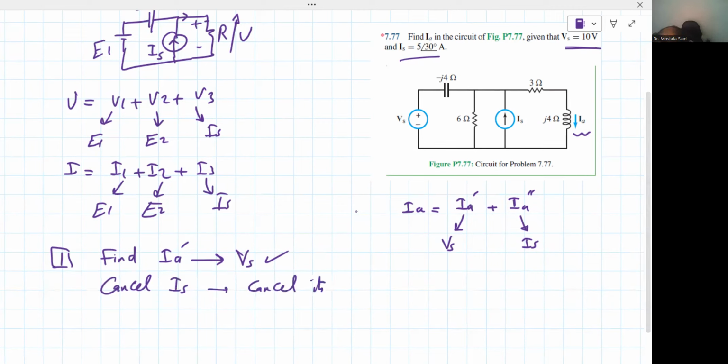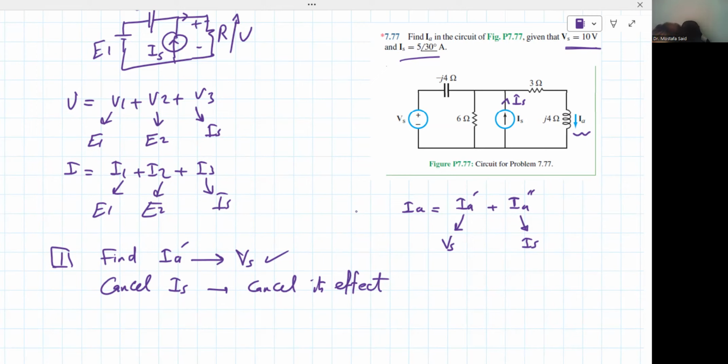What is the effect of the current source? It makes the current in its branch constant, equal to the current source current. So the current in that branch is IS. So to cancel IS, basically make it zero, we know that we should make an open circuit, right?